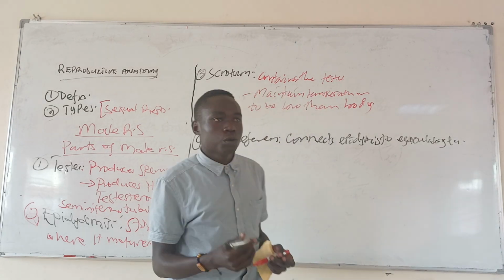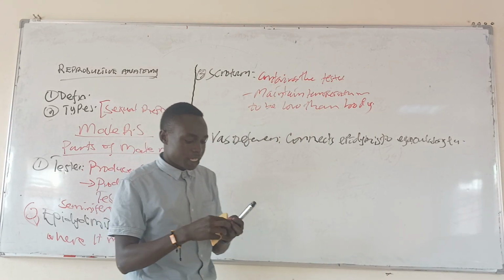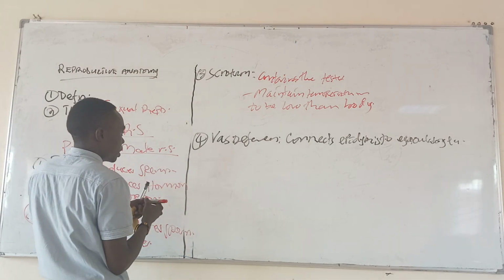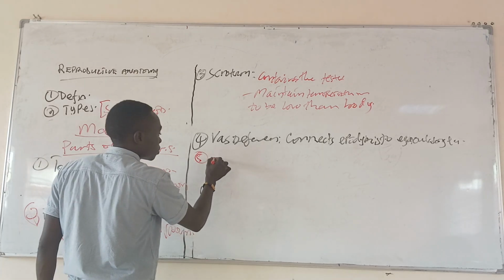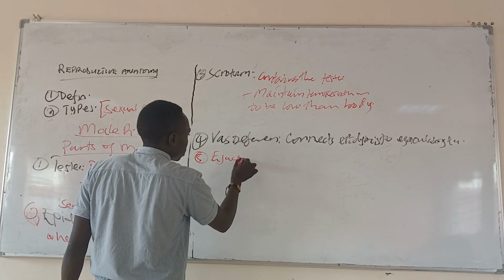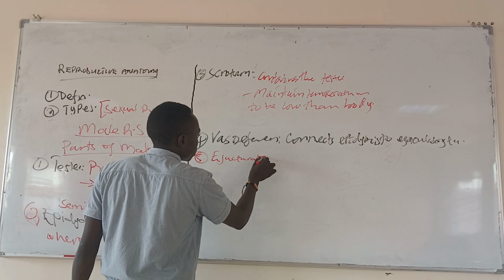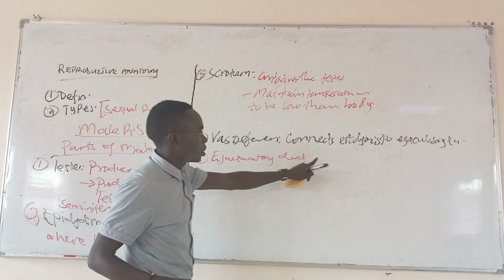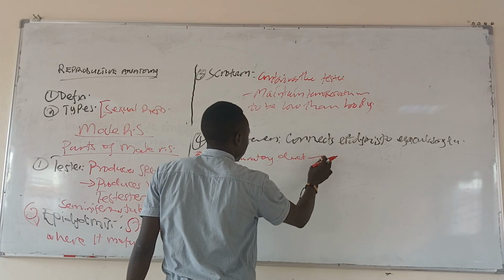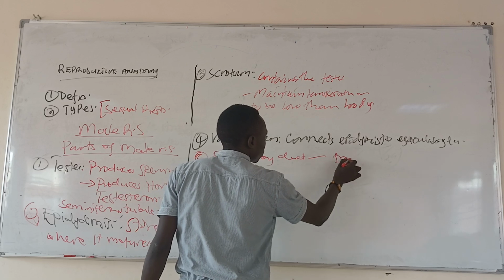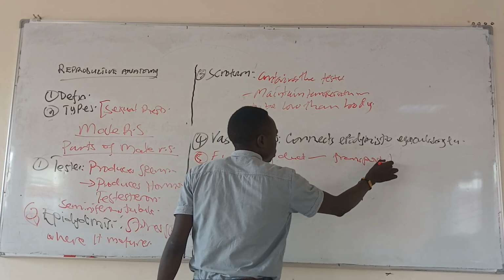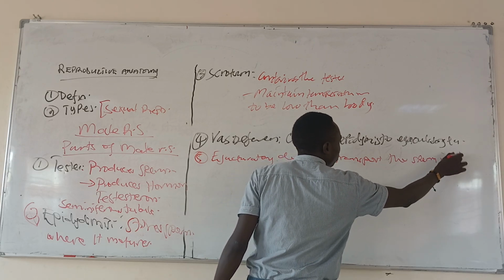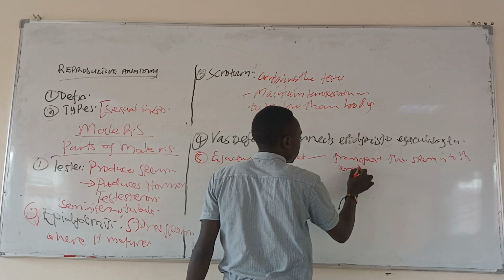At times, another word used for ejaculation is releasing. Next to the vasa deferens is the ejaculatory duct. The ejaculatory duct is a channel through which the sperm moves. It transports the sperm into the urethra.